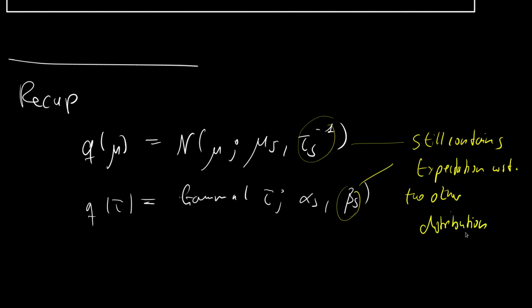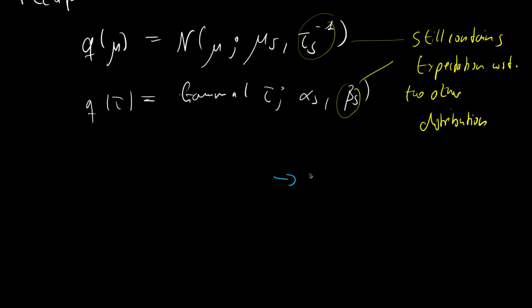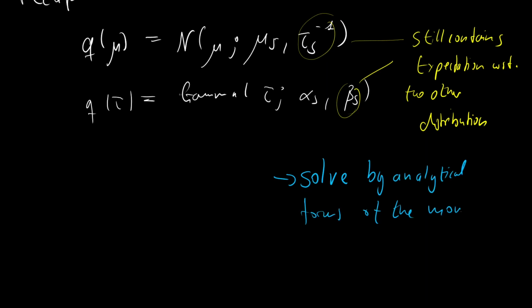But we are lucky because we know the functional form of the other distribution. Then we also know how to evaluate expectations, because for simple distributions like the normal and the gamma, we have analytical or closed form solutions of these expectations. So we will solve this by the analytical forms of the moments, because in essence, the expectation over tau was just the first order moment and so on and so forth.